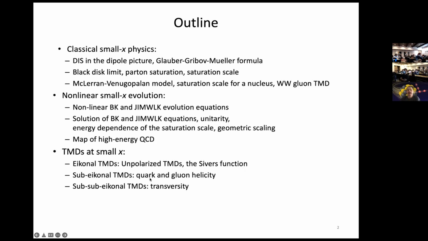And then there are sub-eikonal TMDs, like for instance helicity, and sub-sub-eikonal is transversity. So depending on how dominant they are at small x, they're either eikonal, sub-eikonal, or sub-sub-eikonal. The more sub it is, the less dominant they are, the weaker is their small x asymptotics. Anyway, and then we'll conclude.